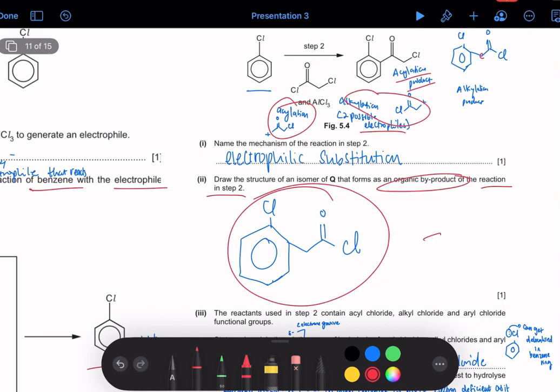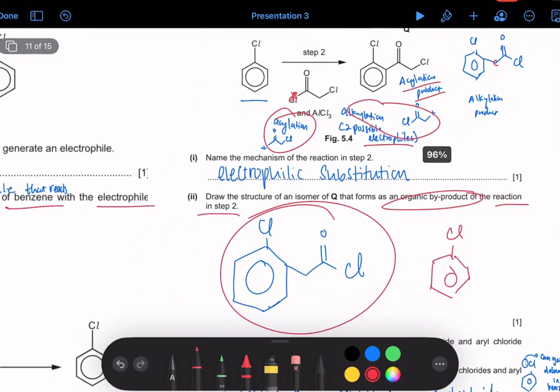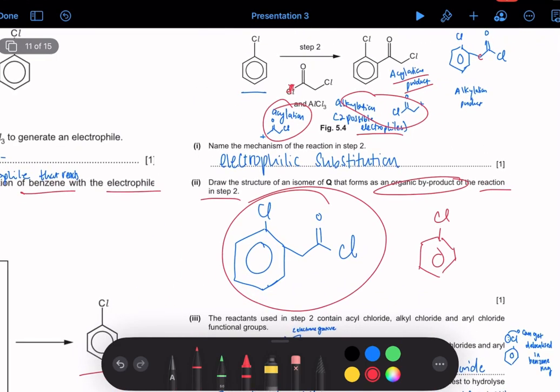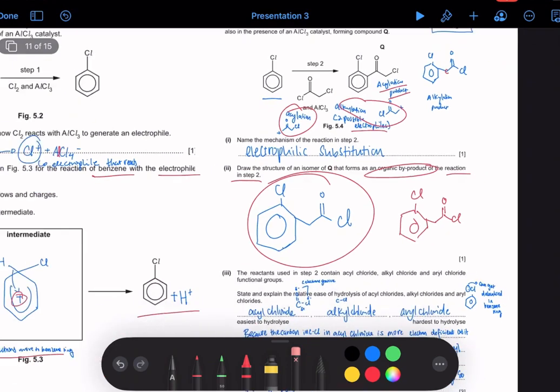So just imagine your Cl here, alright, and this section is like gone, so it's bonded straight on directly. Sorry, yeah, this one is for your alkylation product, not acylation, sorry.